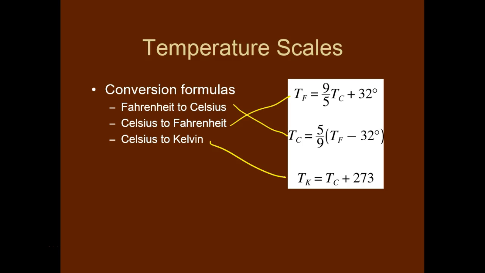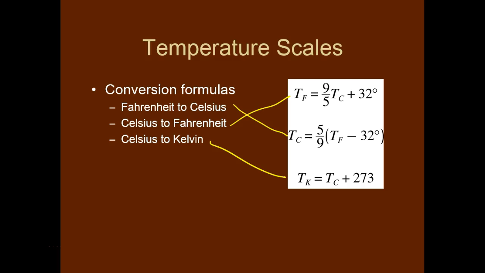And then I just have to think about the other one: 0 degrees Celsius is 273 K. So you add 273 to 0, and that would be your Kelvin temperature of the freezing point of water. Okay.